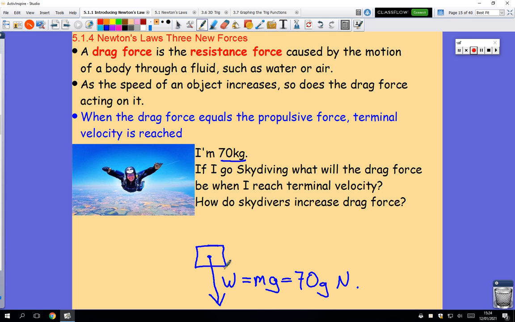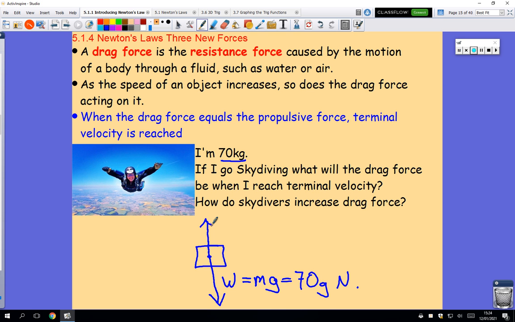My weight is constant. That's not changing. My weight is always 70 g. The force exerted on me by gravity is always 70 g, more or less. So what is changing is the drag force. Initially there's no drag force, then there's a little drag force, and then the drag force grows until it matches my weight.